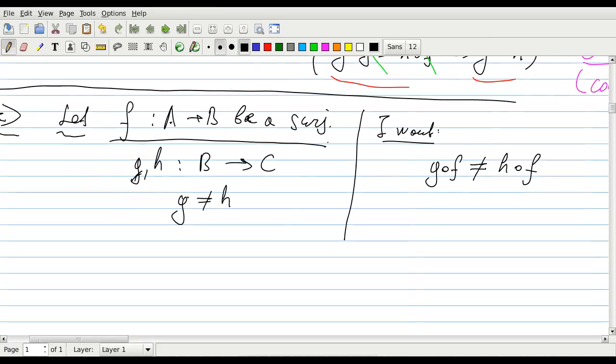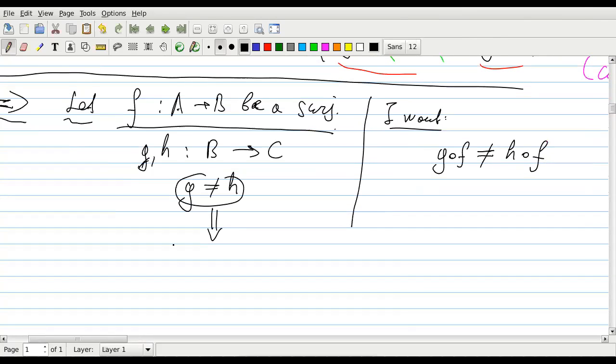Is it clear? Yes. So what does it mean that G is not equal to H? There exists some point at which they do not coincide. Some point B0 where their values are not equal.